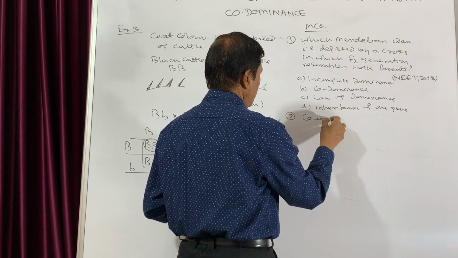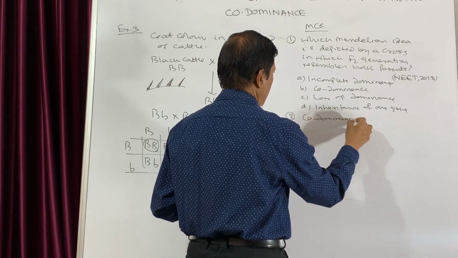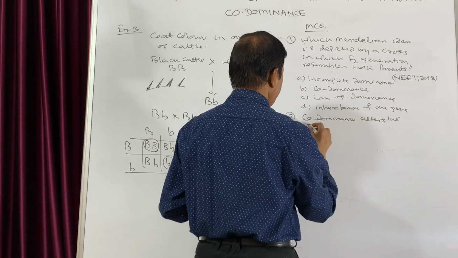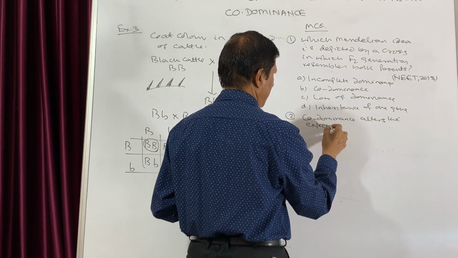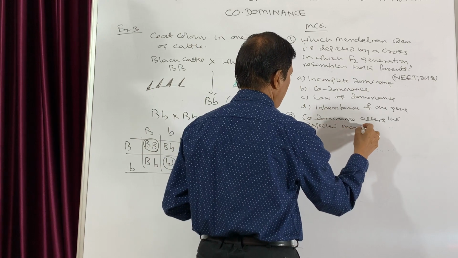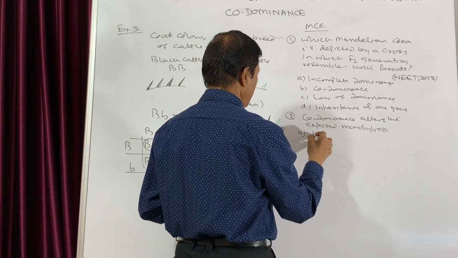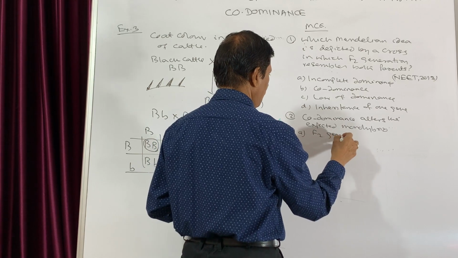Codominance alters the expected monohybrid. First choice, F2 genotypic ratio.